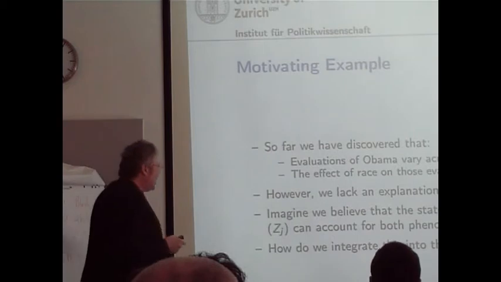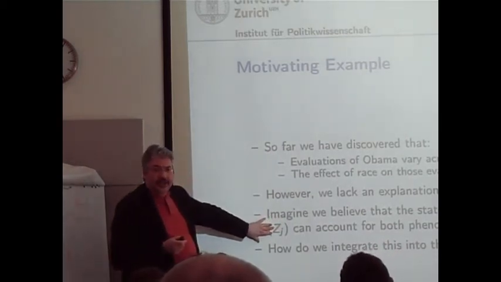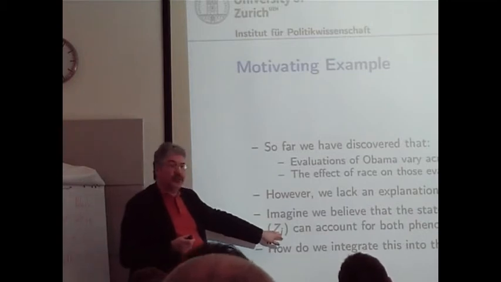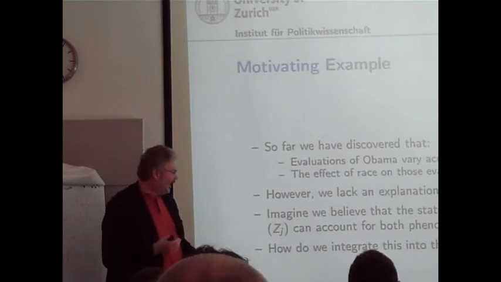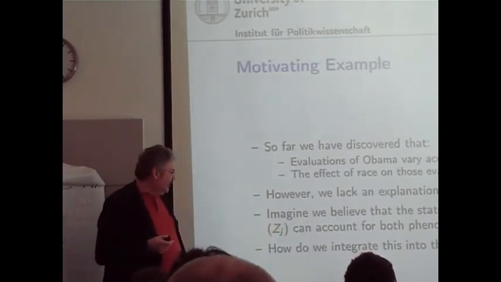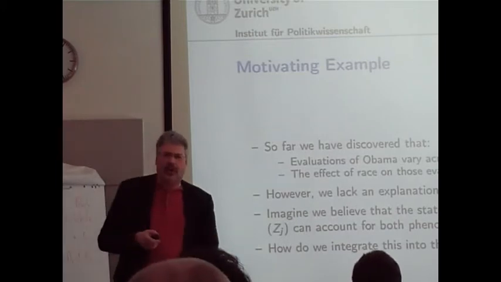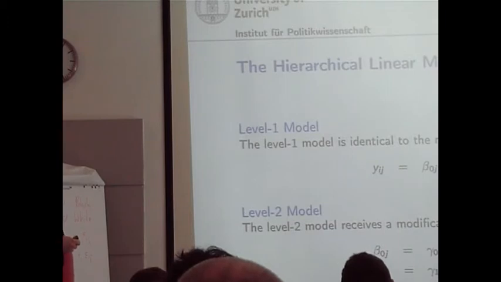So we want to take that attribute, which is now an attribute of the state, so it's all subscript j, and to make clear that it really is a different kind of attribute, I also use a different symbol for it, Z. How do we integrate that into the model? The answer is not all that different.